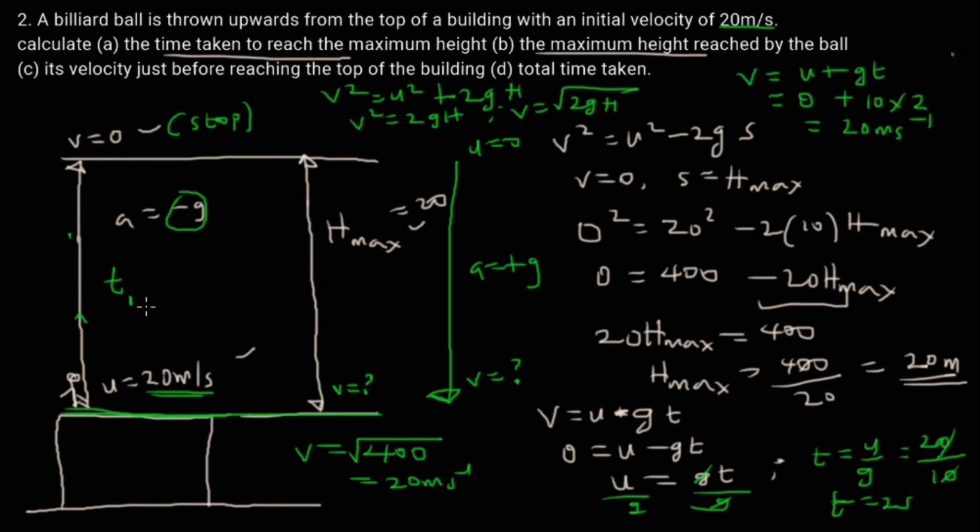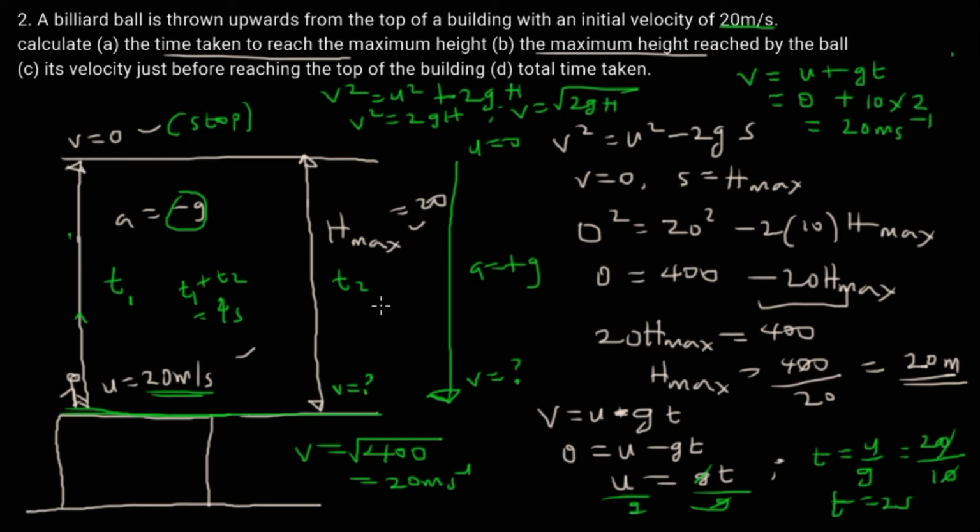Let's say it takes t1 to get to the maximum height and t2 to return from the maximum height. So the total time taken is t1 plus t2. Notice that the time it takes to reach the maximum height is also the time it takes to fall back to the ground. So t1 plus t2 is equal to 4 seconds.